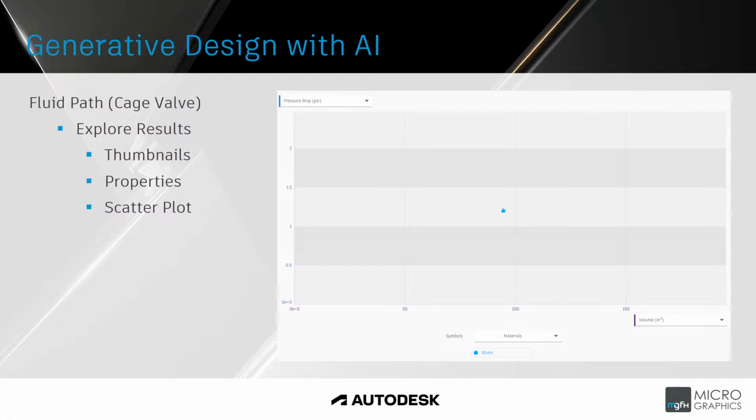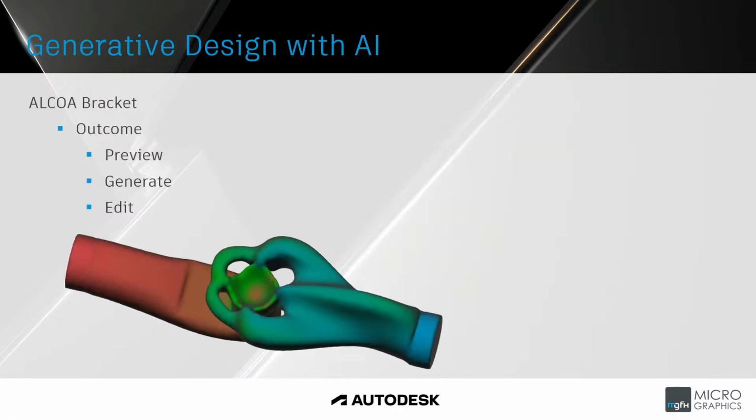Once again there, you can select that outcome and you can then have a look at the preview. In this case here, the preview is showing pressure in the system. So on the left-hand side there in the image is the inlet. On the right-hand side is the outlet. So we can see as the water is flowing in, it's being pressurized, and on the right-hand side, we do have a lower pressure as there is that pressure drop.